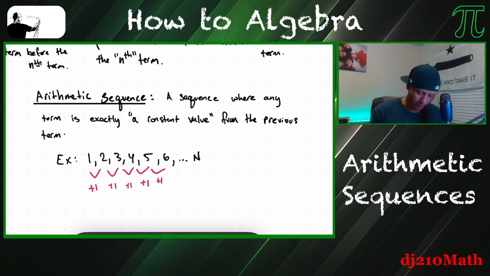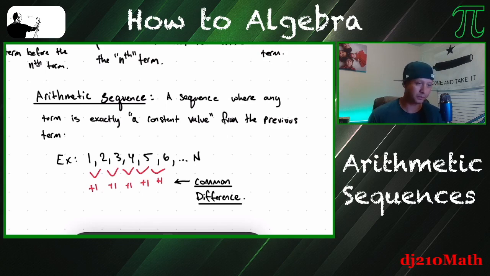So this idea, this difference of plus 1 every time, has a name. It's called the common difference. It's the same number in between each term. Now, if one of these numbers were different, then this wouldn't be an arithmetic sequence.